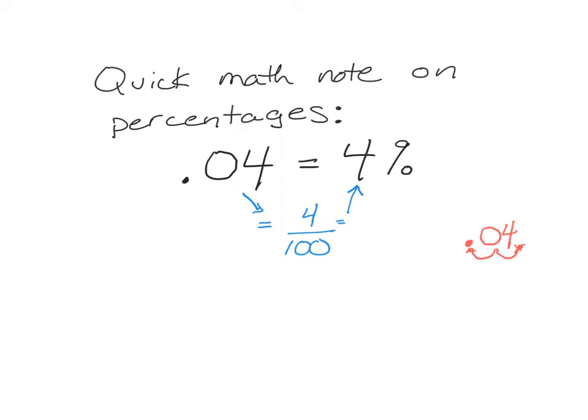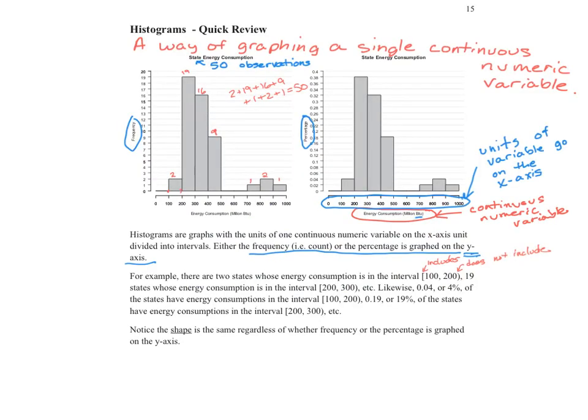So it's usually easiest for us to think and talk about numbers in terms of percentages, but anytime we do any calculations, like if you're going to put it in your calculator, you need to put in 0.04.